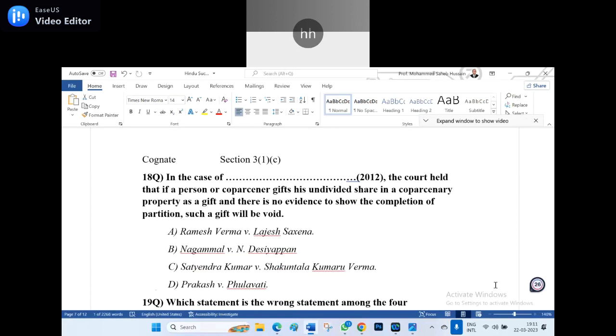In the case of dash 2012, the court held that if a person or co-partner gives his undivided share in a co-parcenary property as a gift and there is no evidence to show the completion of partition, such a gift will be void.